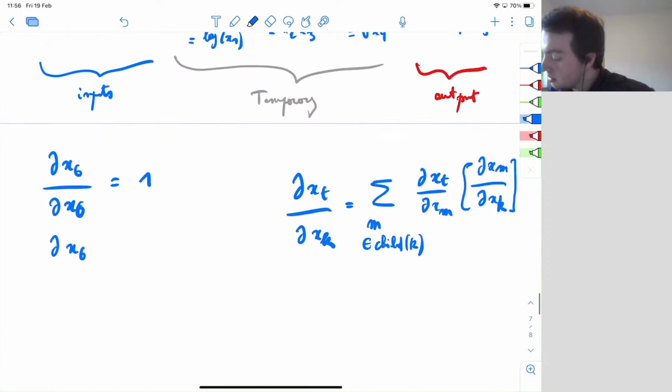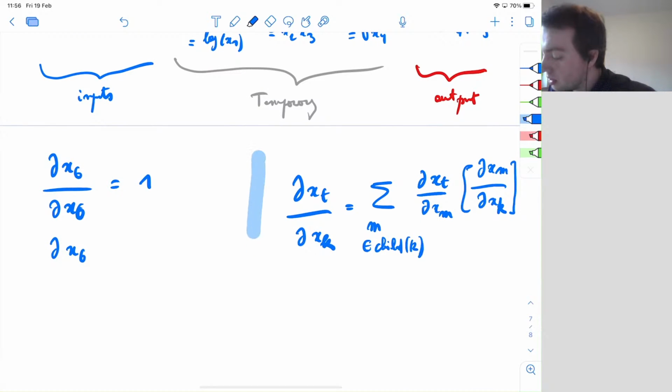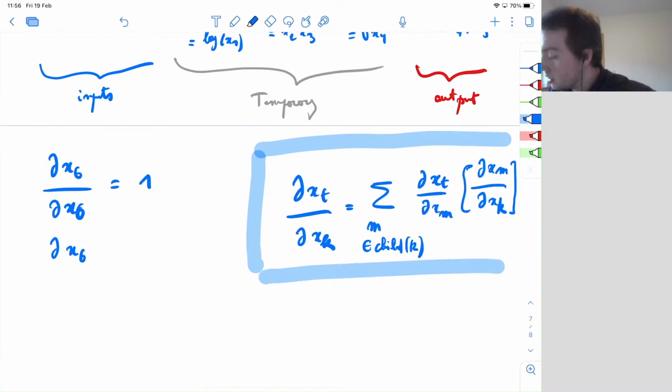Okay, that's the backward update that we will now apply recursively to compute the terms that we need.